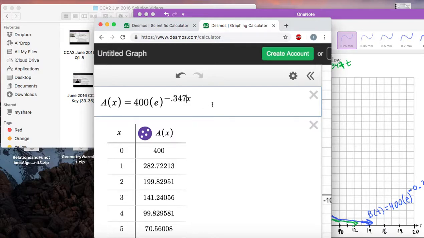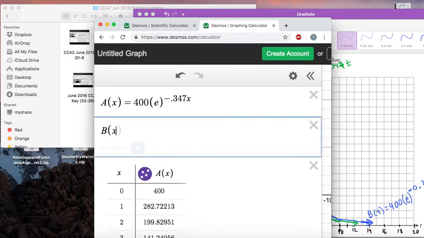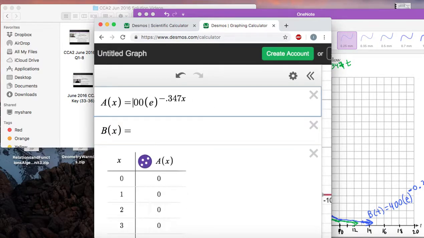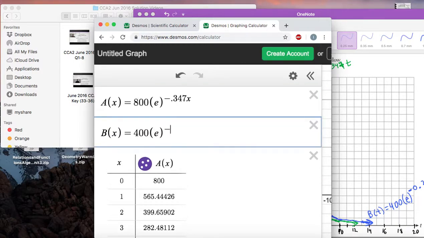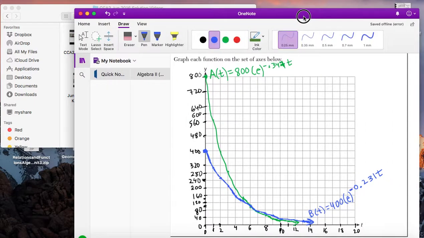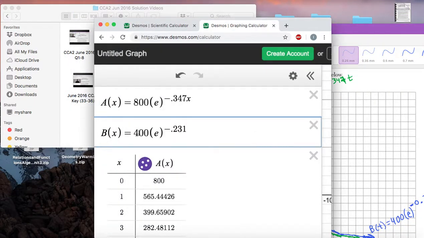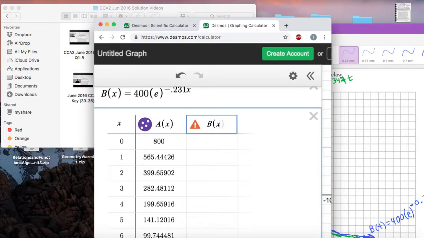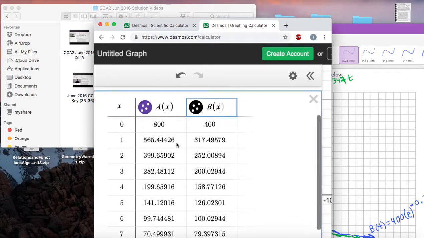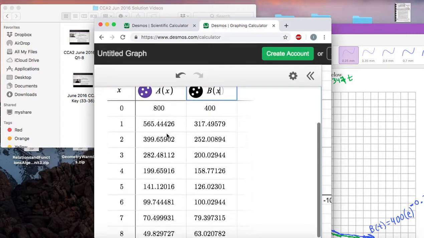And then b of x started at 400 times e to the negative 0.231, yep. Then I'll have b of x in this column. That way I can see what happens. As we can see, a of x starts off double what b of x is.